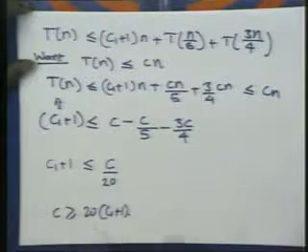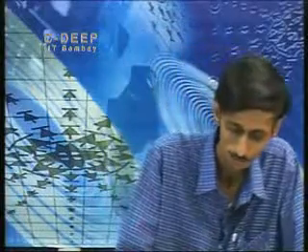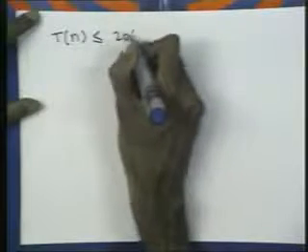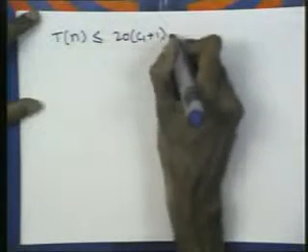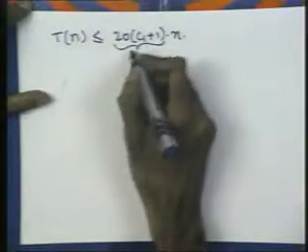So we can choose C to be 20 (C1 plus 1). Now it looks like T(n) is less than or equal to 20 times (C1 plus 1) times n. So this is a constant C.